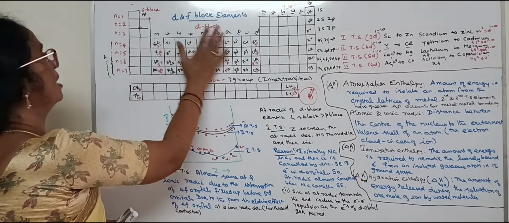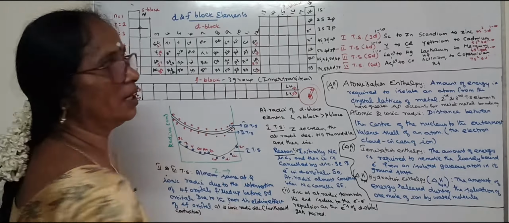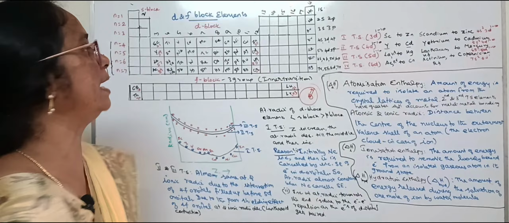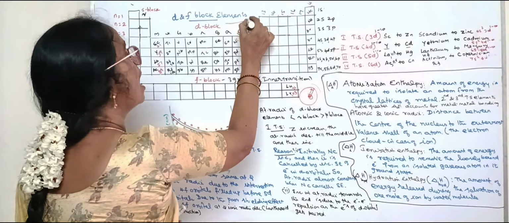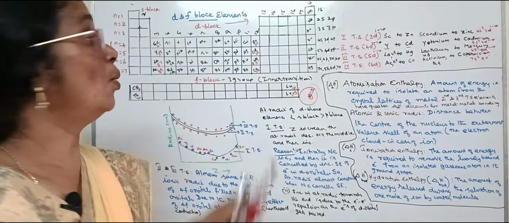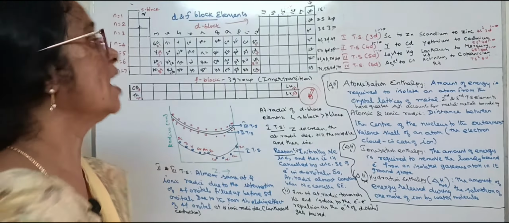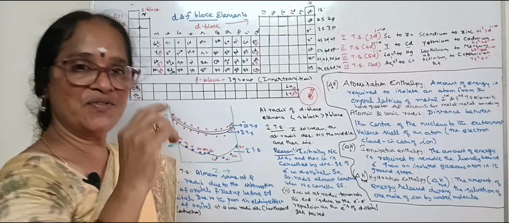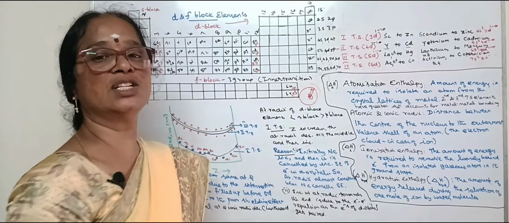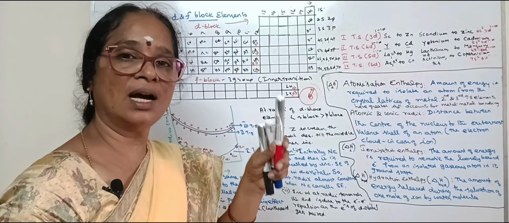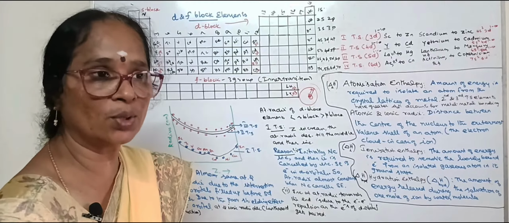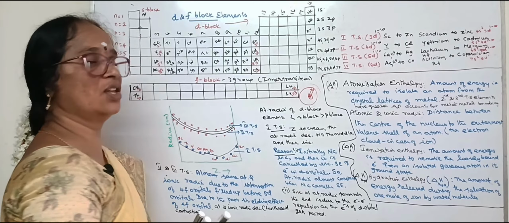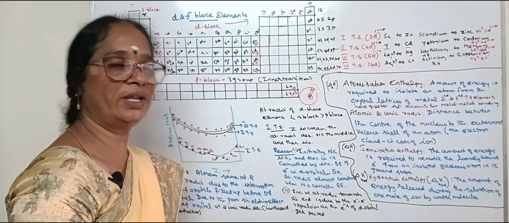The transition elements lie between the s block and the p block. In the periodic property, atomic and ionic radii decrease along the period. Why is it decreasing? Because when we go from left to right of the periodic table, every electron entering the valence shell is accompanied by a proton added to the nucleus. So the effective nuclear charge increases, and hence the forces of attraction also increase.